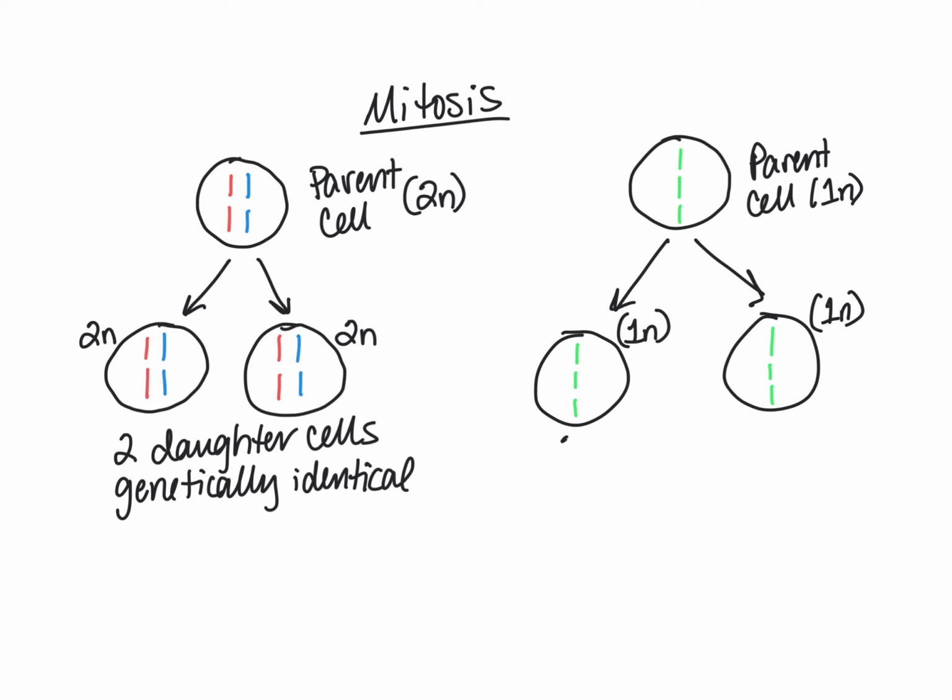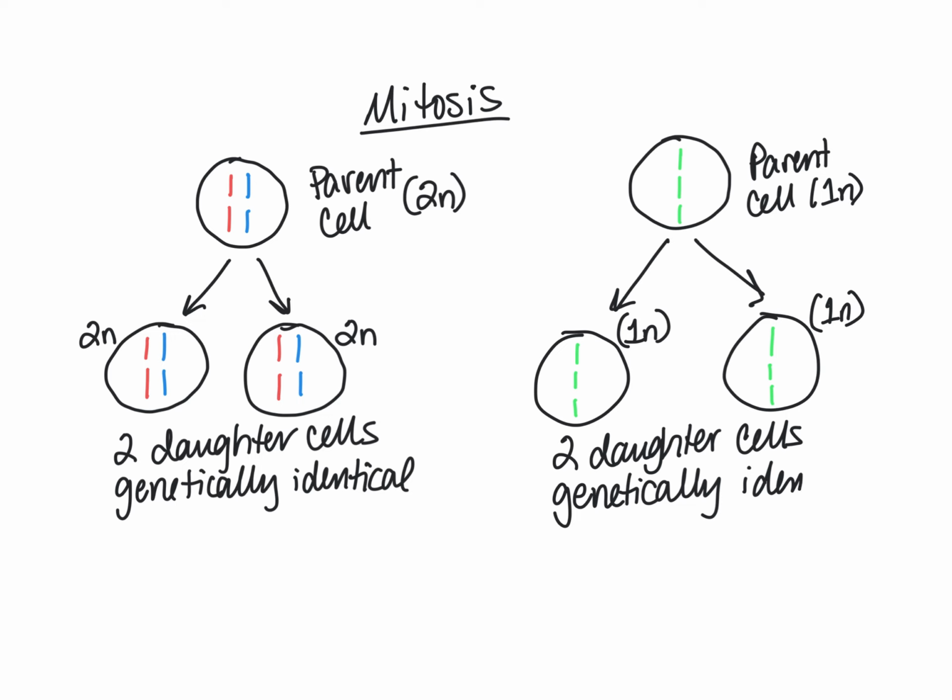So we still end up with two daughter cells that are genetically identical. And they are genetically identical to each other and to the parent cell.